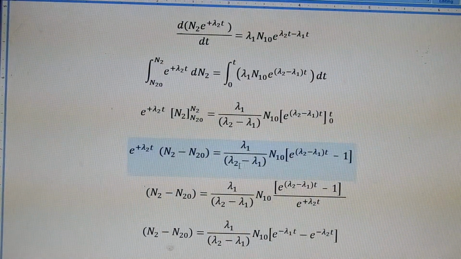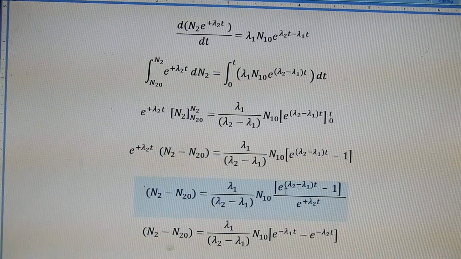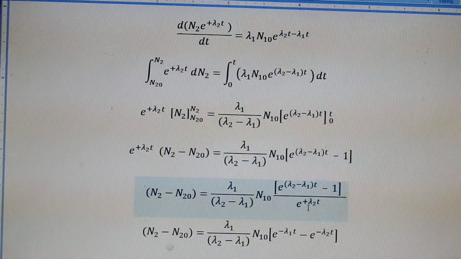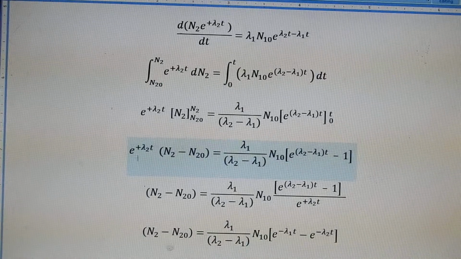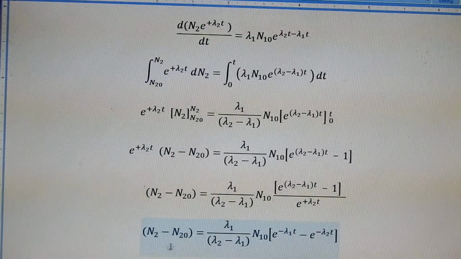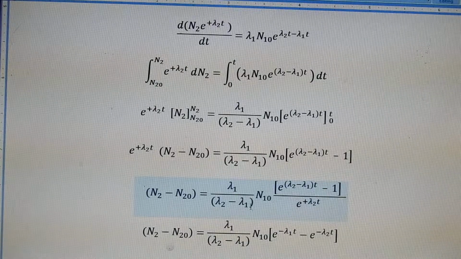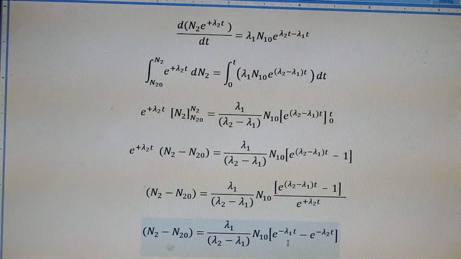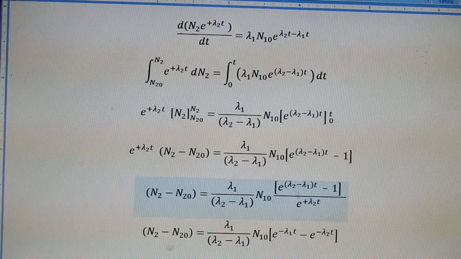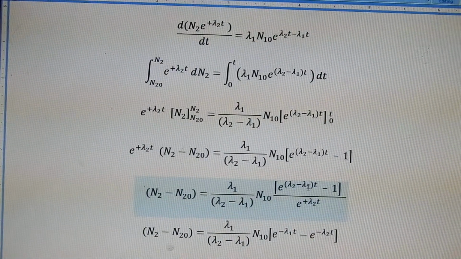So N2 − N2₀ as it is, equal to λ1/(λ2 − λ1) N1₀ (e^((λ2 − λ1)t) − 1), with this term brought as a denominator, e^(λ2 t). Now N2 − N2₀ is equal to λ1/(λ2 − λ1) N1₀ e^(−λ2 t) times (e^((λ2 − λ1)t) − 1). The λ2 t gets cancelled, this term and this one get cancelled, and minus λ1 t remains.